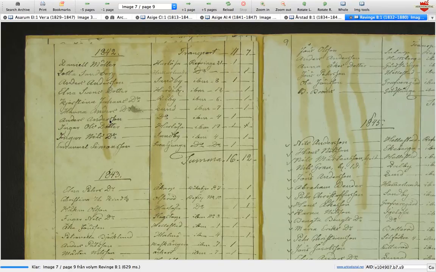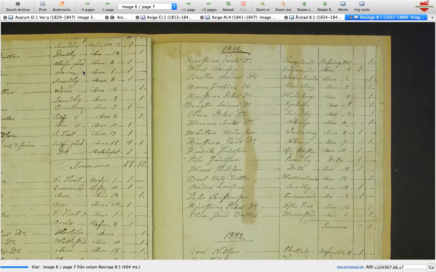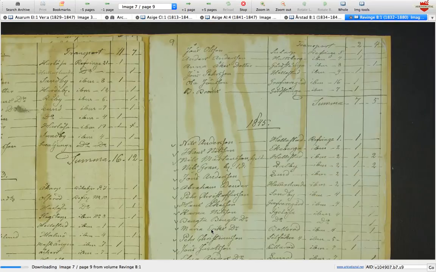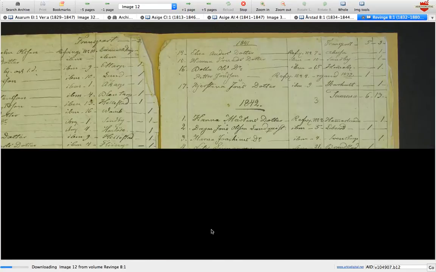Anders Olsson. Anders Andersson. Anders Andersson. Do we have a problem, or is this not correct? There we had another one.